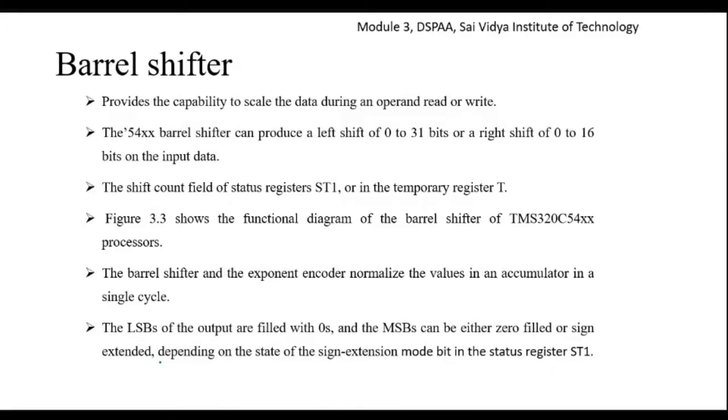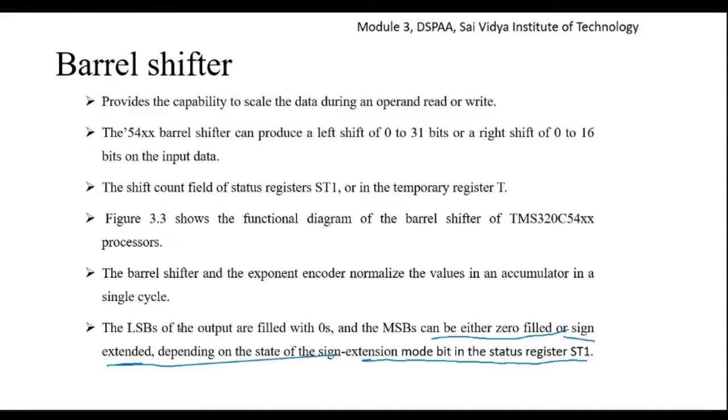And the least significant bit of the outputs are filled with zeros when we perform the shifting, or the most significant bit fields can be either filled with zeros or sign extended depending on the state of the sign extension bit field in the status register ST1.